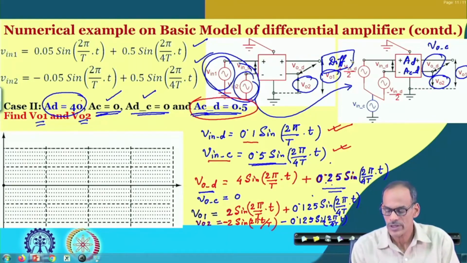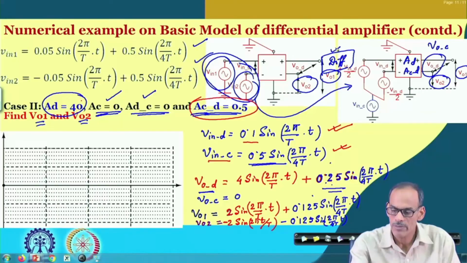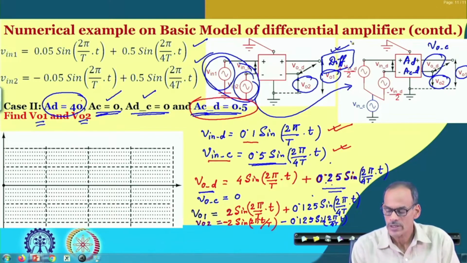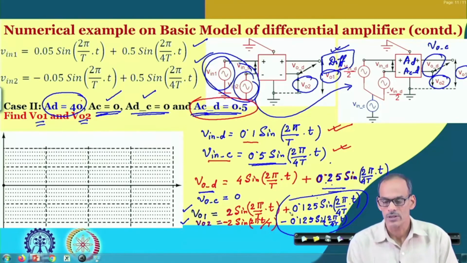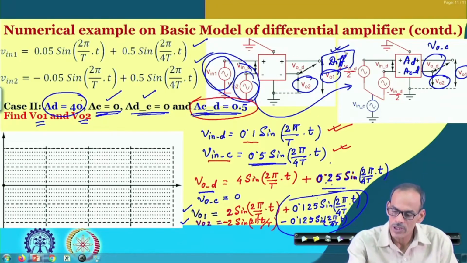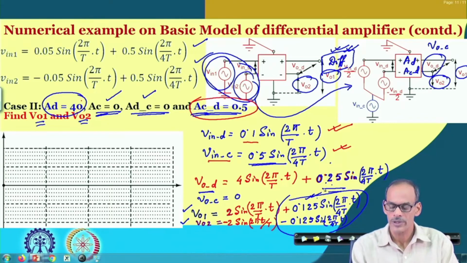But unfortunately, placing one differential amplifier here will not help us remove this unwanted part, because this signal is appearing at VO1 and VO2 in the form of a differential. So whatever the differential mode gain of the second differential amplifier is, it will again amplify this unwanted part. That is a very dangerous thing.